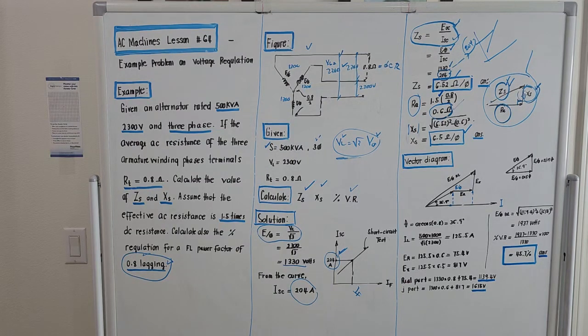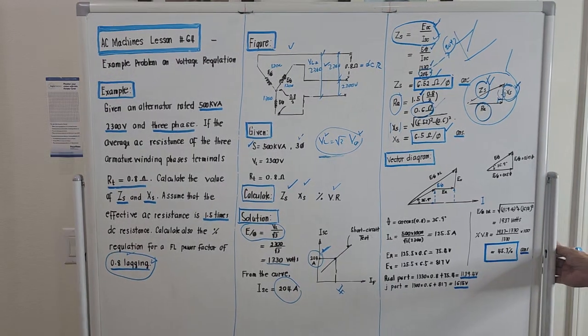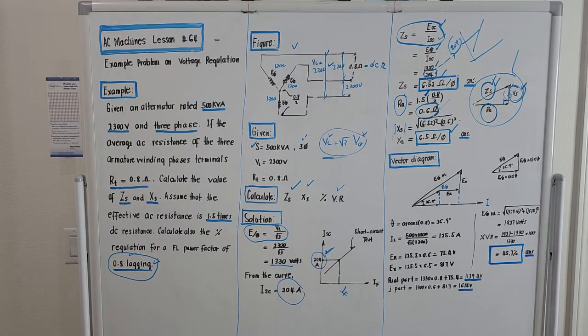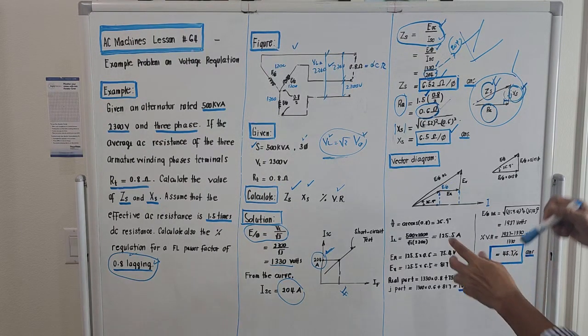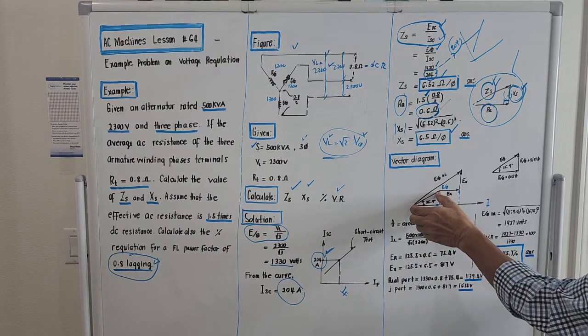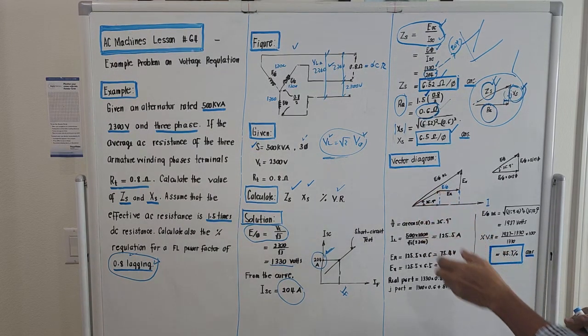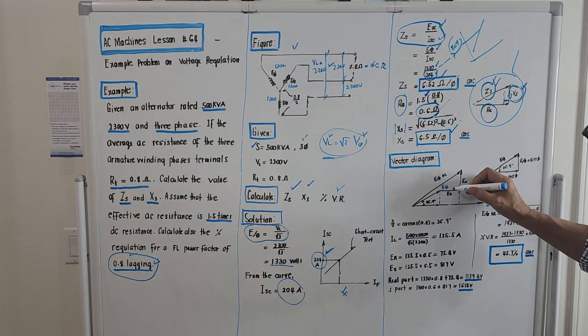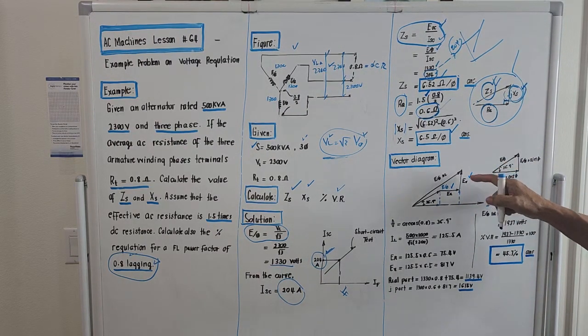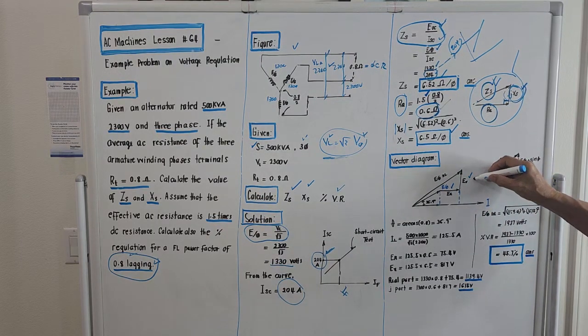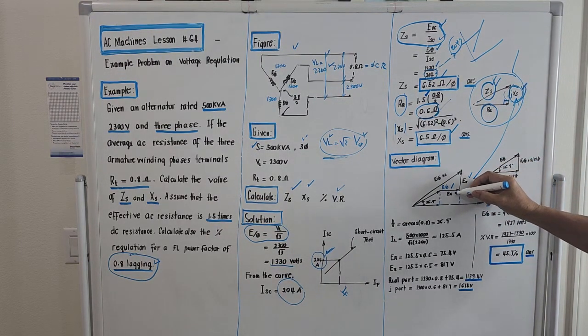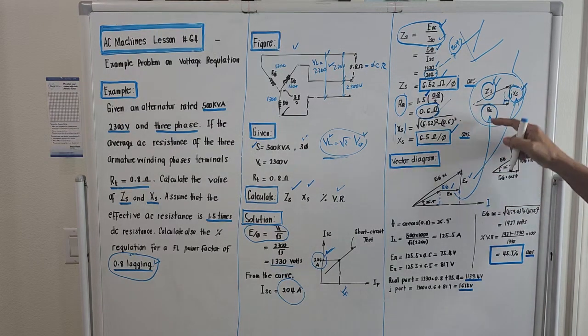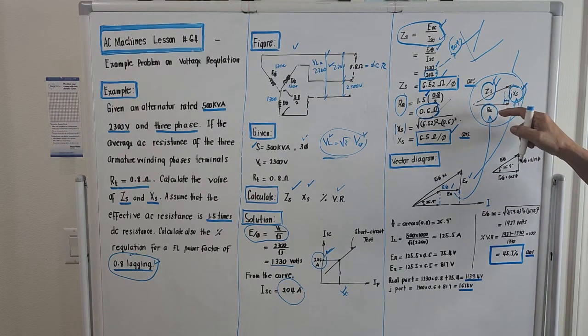Let's try to bring out the so-called percent regulation. For the percent regulation, it is actually the voltage per phase at no load minus the voltage per phase at full load, over the voltage at full load, times 100%. At no load, we must add up this value plus this value. EX, the drop due to the synchronous reactance, and ER, the voltage drop due to the armature resistance.